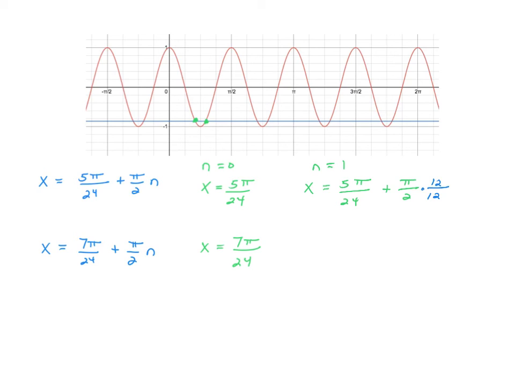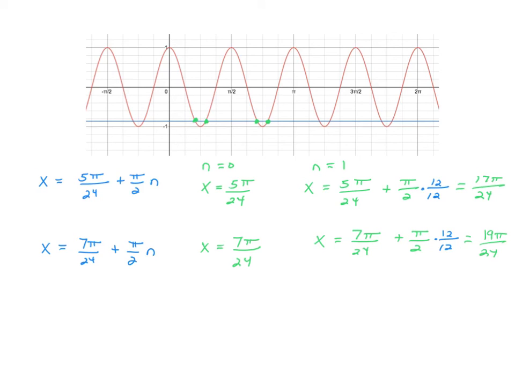When we do that, x is equal to 17 pi over 24, which will be the location of this spot. In the one that's down here, we'll have 7 pi over 24 plus pi over 2, again multiplying by 12 over 12 to get a common denominator of 24. This time, we have 19 pi over 24, which is this spot here.